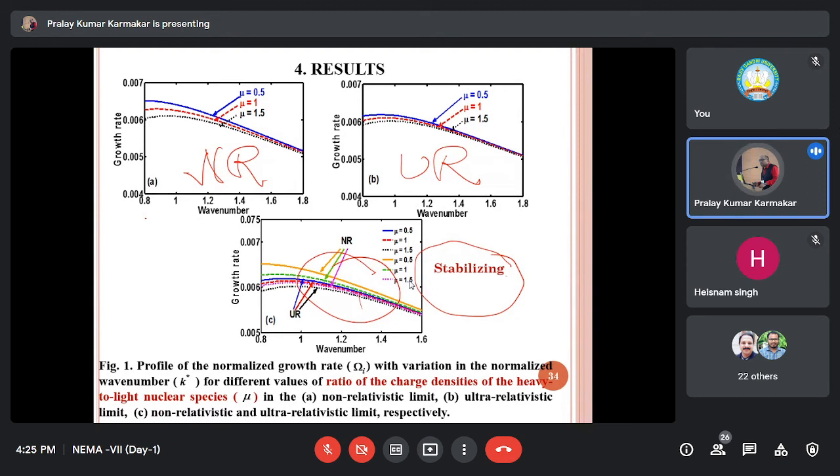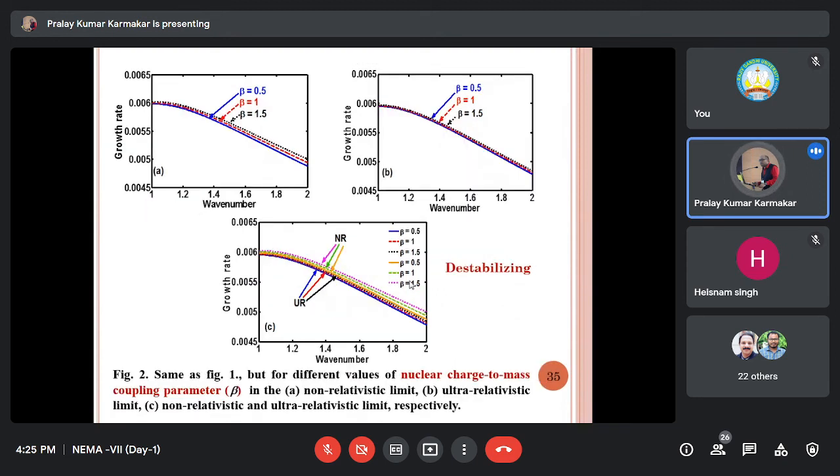Okay, and another important point we can find here is that again similar is the behavior, and here, instead, the parameter of our variation is the nuclear charge to mass coupling parameter beta, which is already defined.